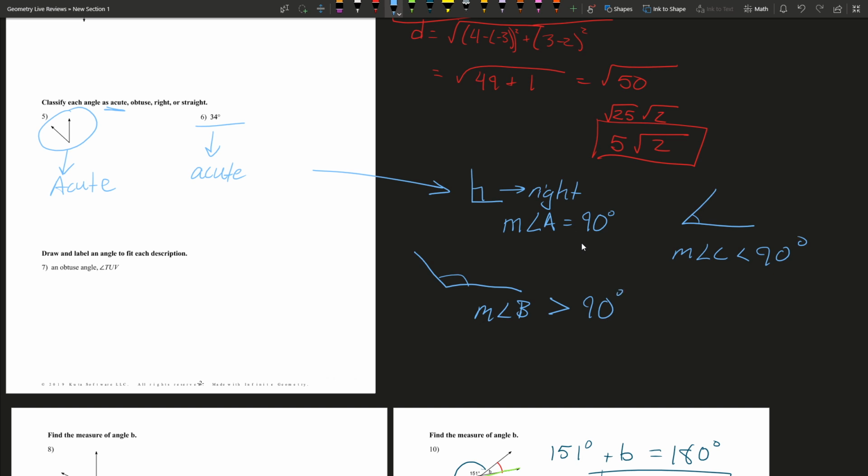And then there's the straight angle, which is just a straight line. So all 4 of these are fair game.